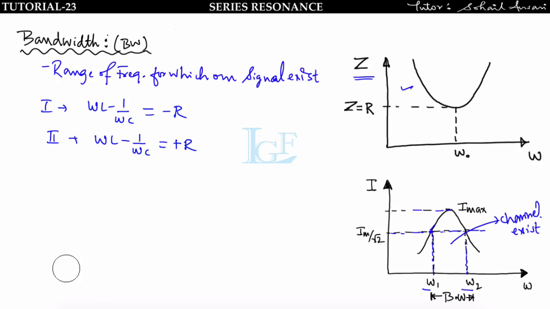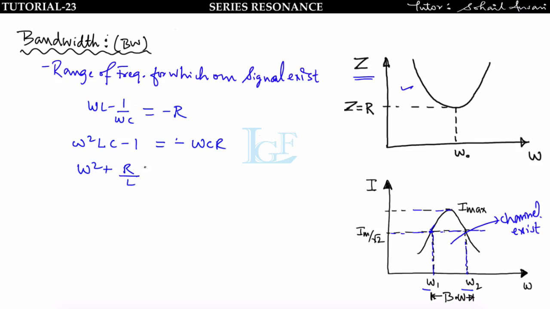So take case one, when omega L minus 1 upon omega C is equal to minus R. I will get omega square LC minus 1 is equal to minus omega CR, that is, omega square plus R upon L omega minus 1 upon LC equals 0.